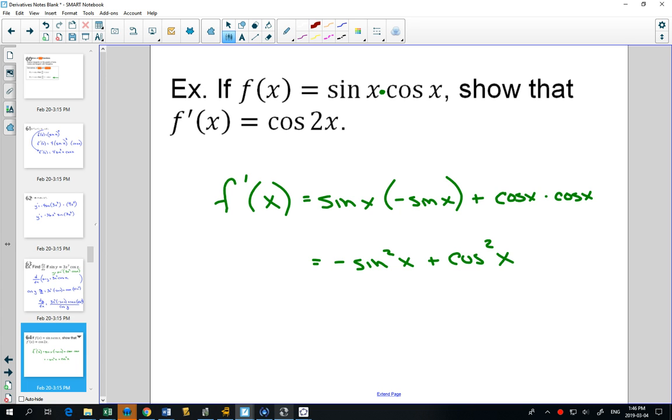And then from grade 12, we have to remember our identities. They're also up on the board here for you to cheat temporarily. Cos squared minus sine squared is one of our double angle identities. So here, I could rewrite this to be cos squared x minus sine squared x.